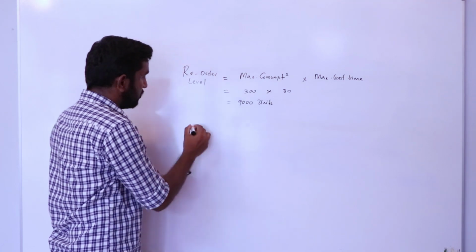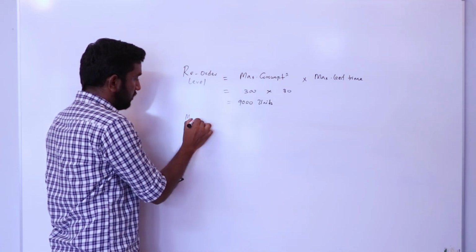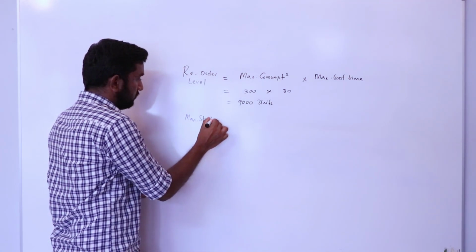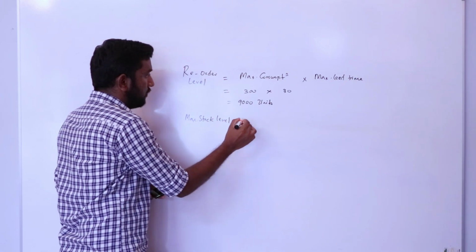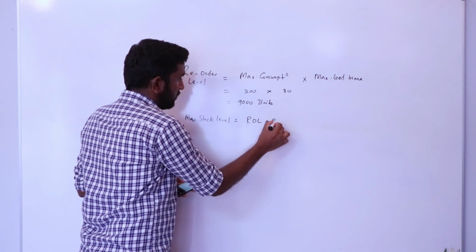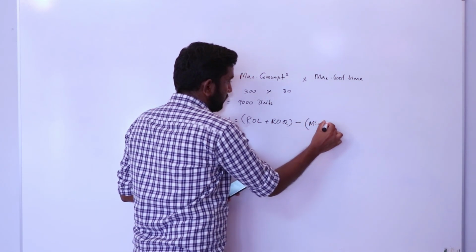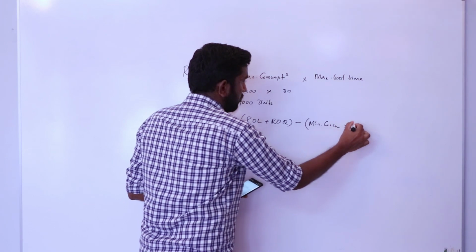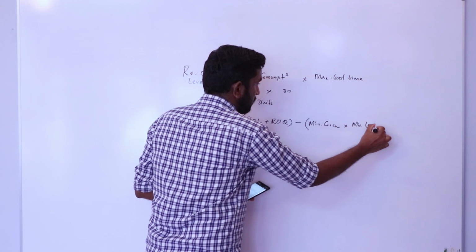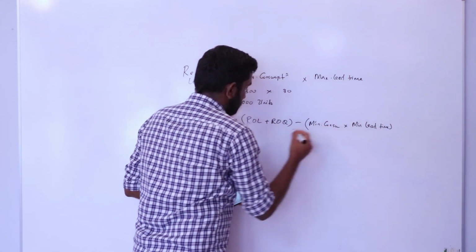Second one is maximum stock level. So maximum stock level equals reorder level plus reorder quantity minus what? Minimum consumption into minimum lead time, right?